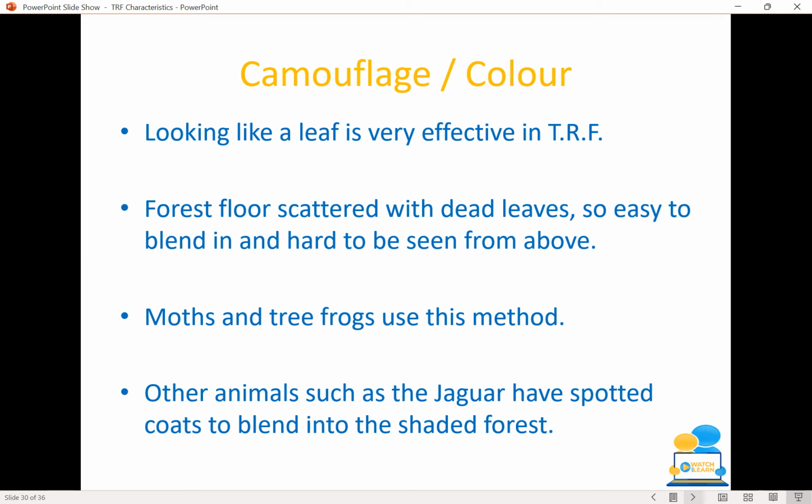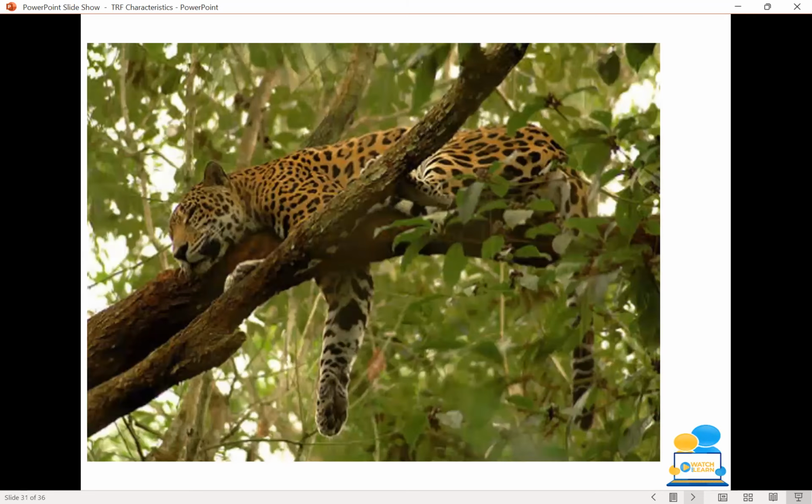Also, other animals, such as the jaguar, have spotted coats, and this is to blend into the shaded forest so they won't be as easily spotted by their prey when hunting. So again, clever adaptations by both prey and hunters in order to survive. Here we have an example of the jaguar sitting up in the trees, camouflaging into the area behind them so that they're not as easily spotted.